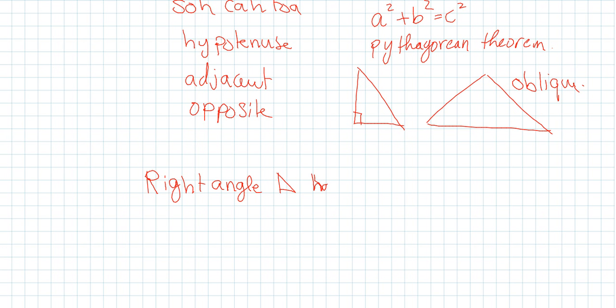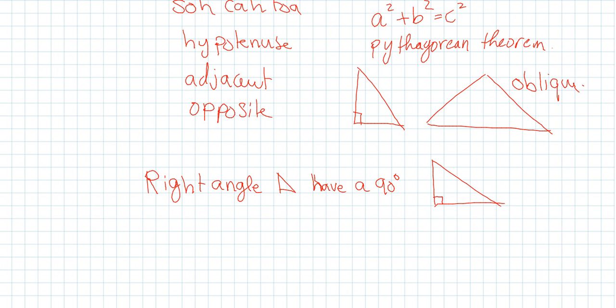Have a 90-degree angle, right? And that's what we indicate with a square, right? That's why we have this little square here that indicates 90 degree. Okay? So right angle triangles have a 90-degree angle.